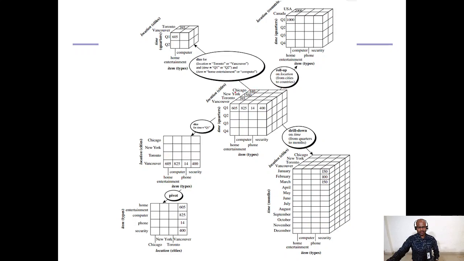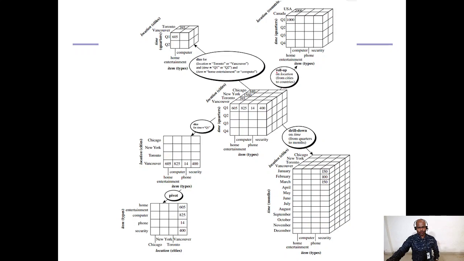In this database, in one dimension we have locations. The location contains cities like Chicago, New York, Toronto, Vancouver, and in another dimension we have time by quarter: quarter 1, quarter 2, quarter 3, and quarter 4. In another dimension we have types of items like home entertainment, computer, phone, and security.